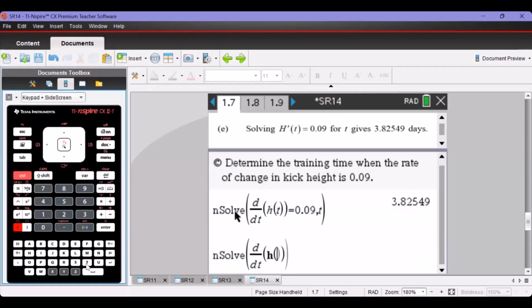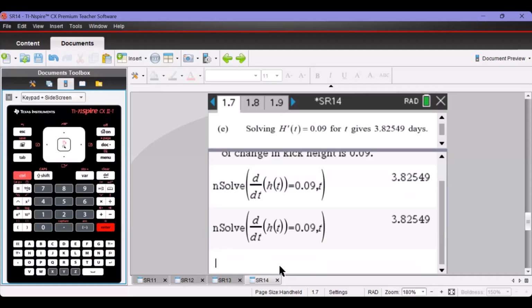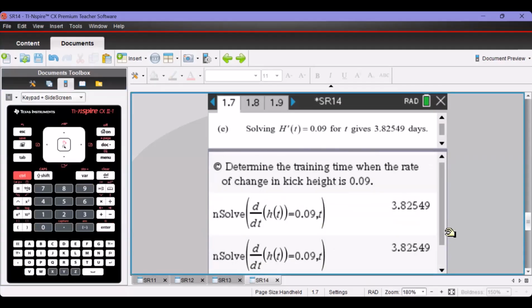So in TI-nspire language, d dt of h of t is h dashed of t, then press equals, and we set that to be 0.09. We want to solve for t, so press comma, then t, and press enter, and we obtain the required answer. We could also solve this graphically.